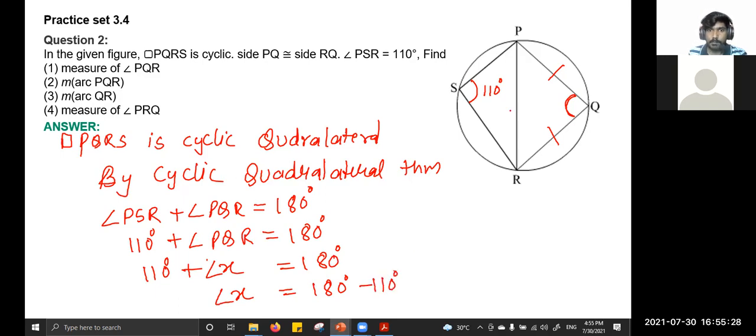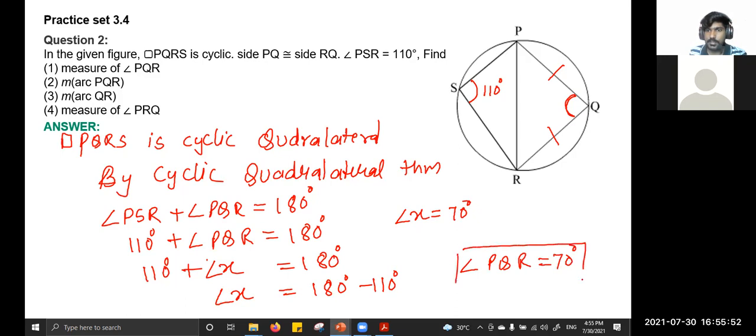So it is 70 degrees. But what is angle X? Nothing but PQR. So angle PQR is 70 degrees.